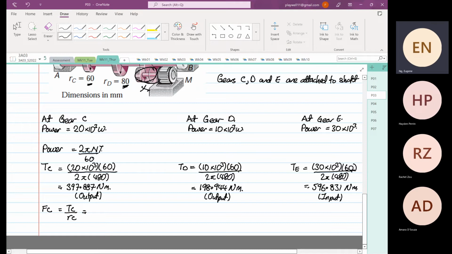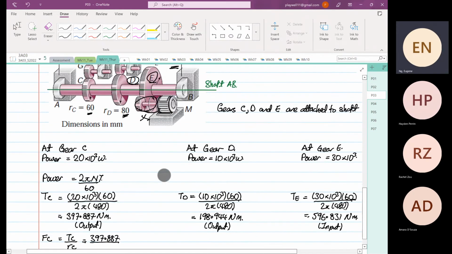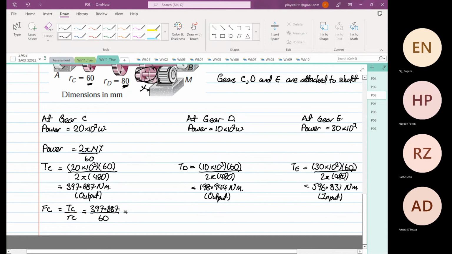So the torque of gear C is 397.887 divided by RC, which is 60 times 10 to the power minus 3. So 397.887 divided by 60 times 10 to the power minus 3 is equal to 6632 Newton.